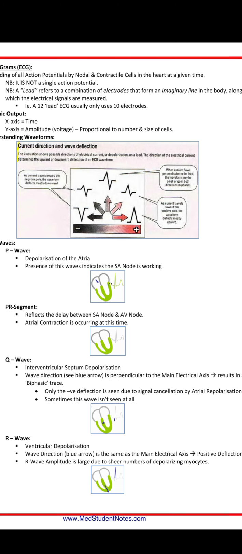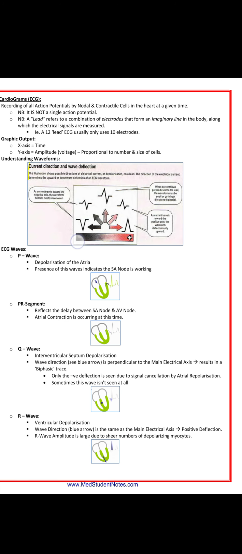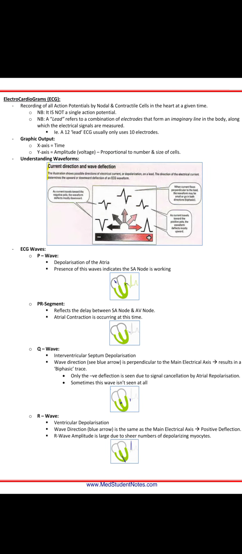The full form of ECG is electrocardiogram, and the proper definition of ECG is that it is the recording of all the action potentials by nodal and contractile cells in the heart at a given time.